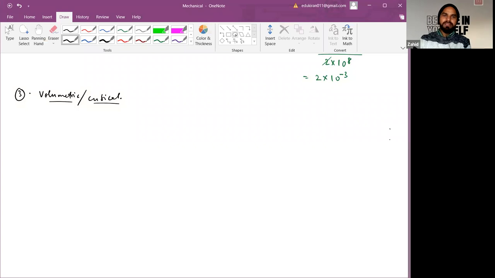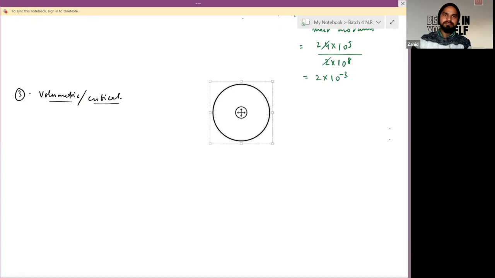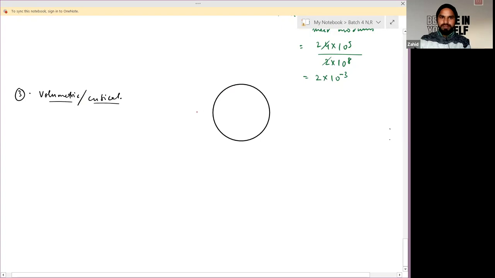Suppose you have any sphere on which force is applied from all its sides. Due to application of these forces, it will get slightly shrink to this.